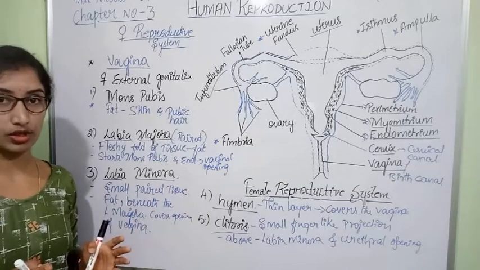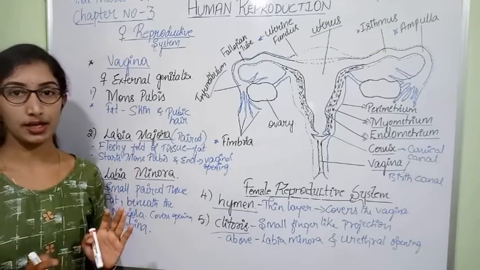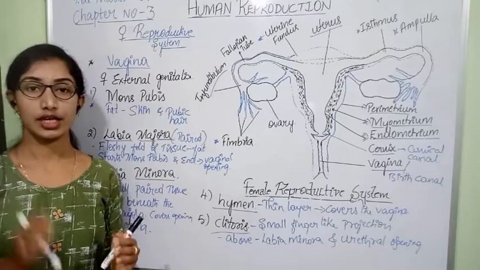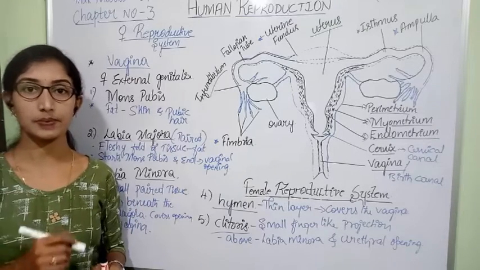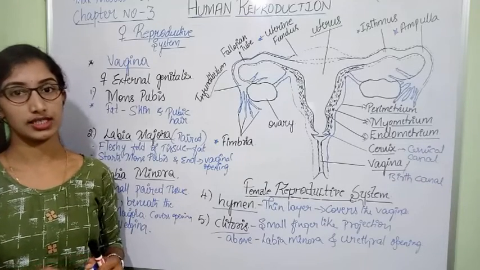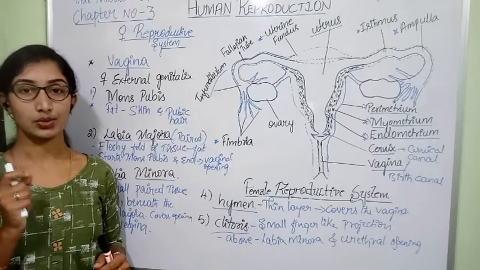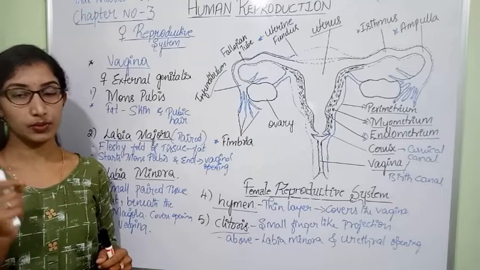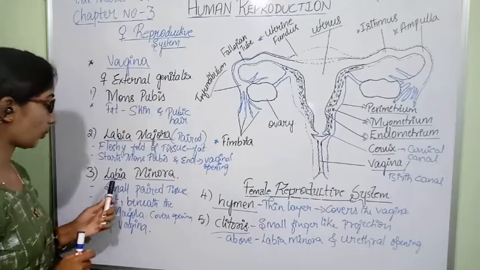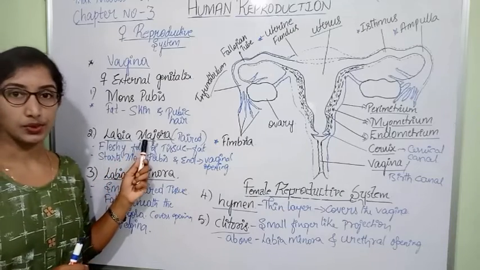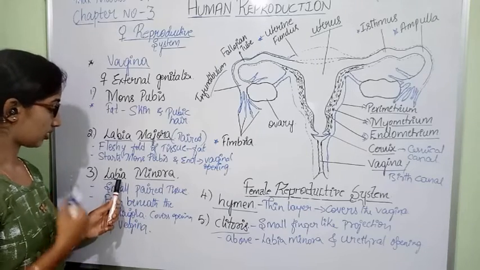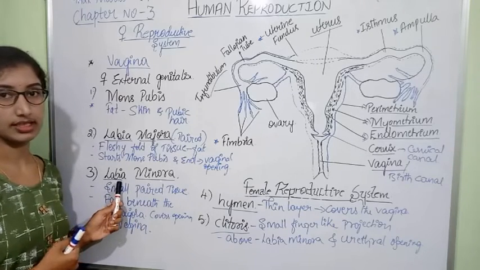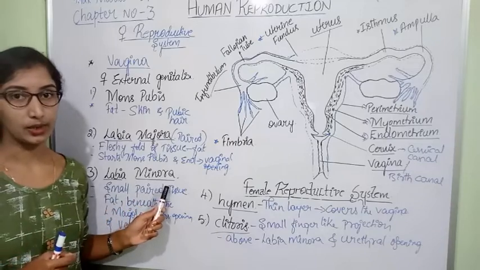The function of labia majora is to cover the external genitalia as well as the inner parts of the external genitalia, and to give protection to the vagina and vaginal opening. Labia majora is continued by the next region, labia minora.